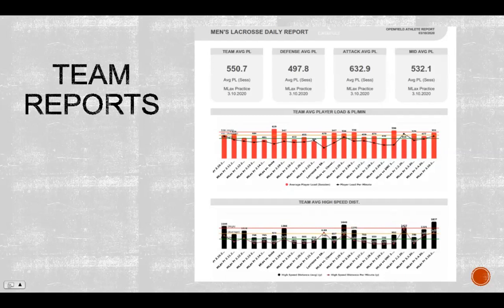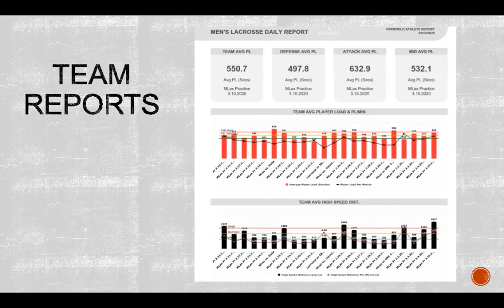Yeah. So we look at both, but the big thing with total distance is that if we're just looking at total distance, it's not taking into account the context of that distance. So that could be walking from drill to drill. That could be just the total covered space that the athlete sees.